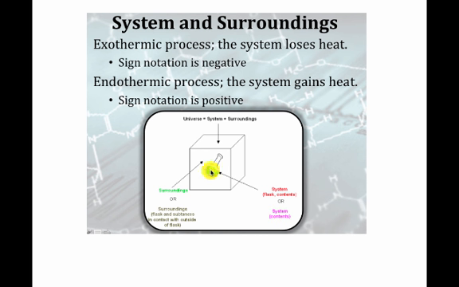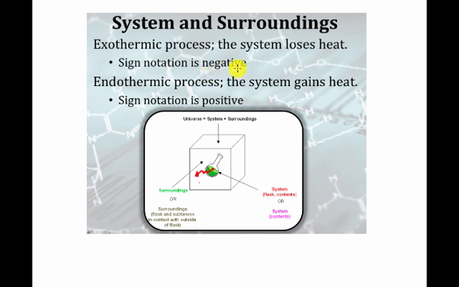Anyway, let's say heat comes out of this. Well, that heat has got to go into the surroundings, right? It's got to go from the system to the surroundings. So that's what we would consider an exothermic process, because we're taking the perspective of the system, and our system is losing heat. Heat is coming out of our system.